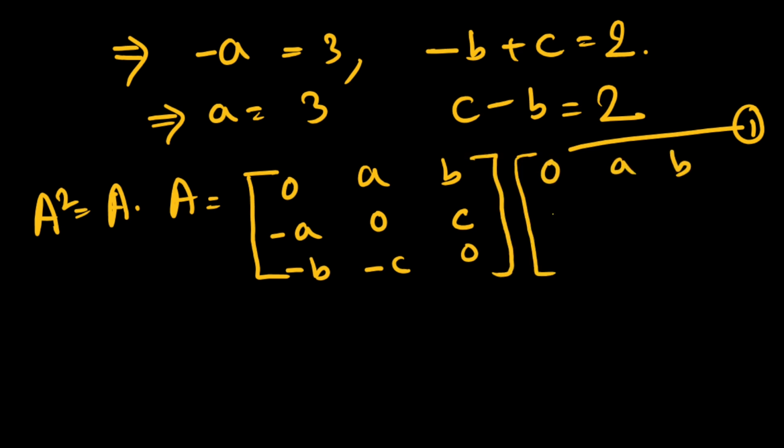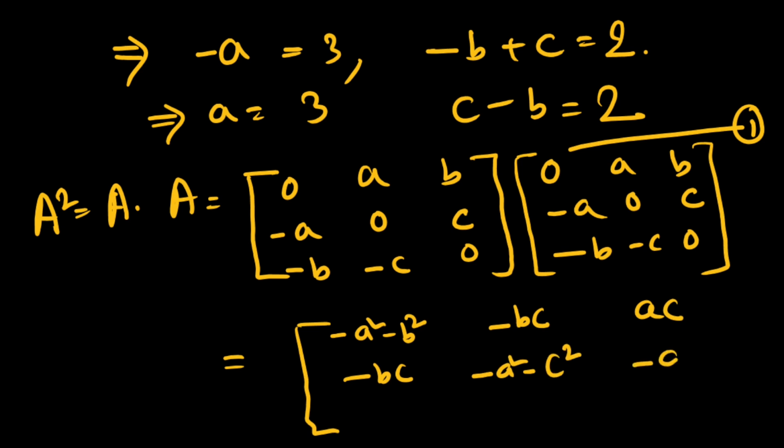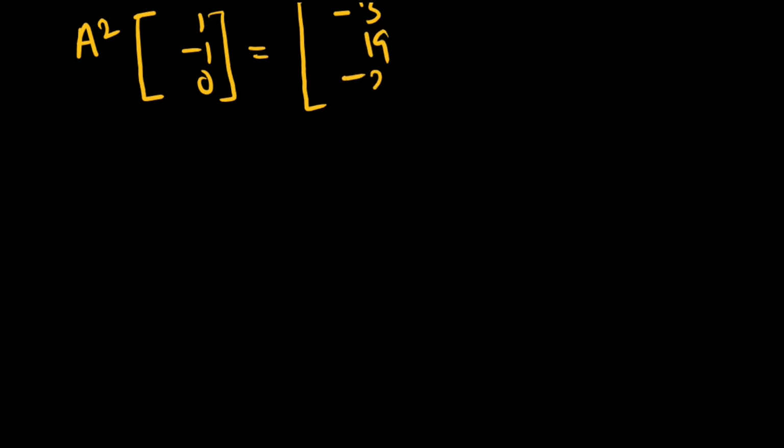If we multiply these matrices, we get the matrix with entries minus a square minus b square, minus bc, ac, and so on. So we apply this condition: A square multiplied by the matrix 1, minus 1, 0 is equal to minus 3, 19, minus 24.